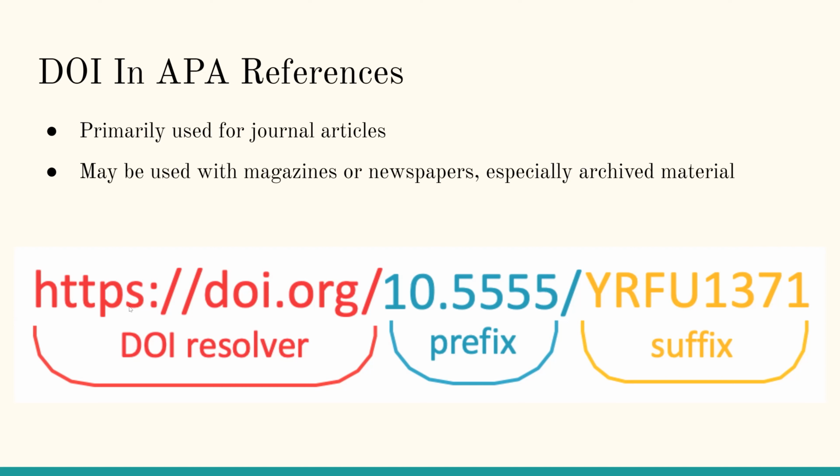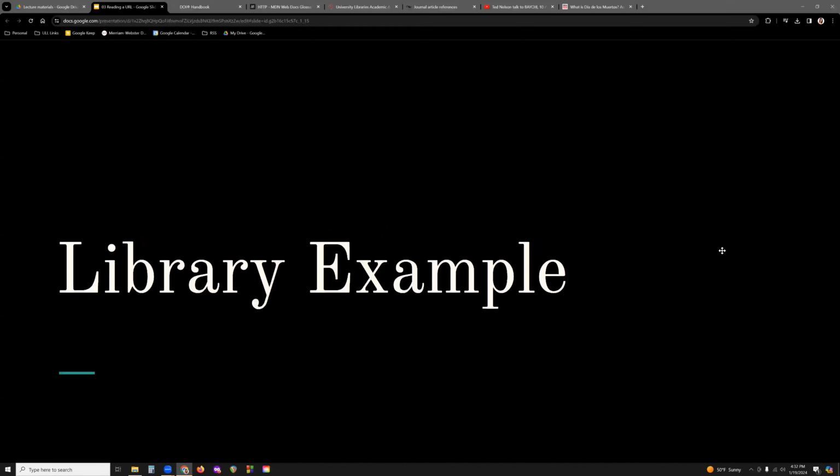But you can see it does still have a scheme right here, and then we have something that's very similar to what we had for the domain name, except in this case, this whole section is called a DOI resolver. And then you have your prefix followed by your suffix. Now, how do you find that information? Let's look at an example from the library.